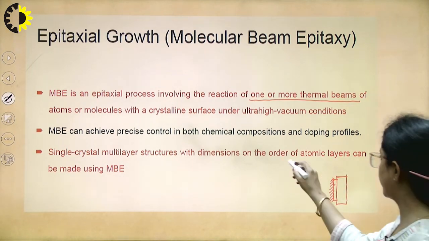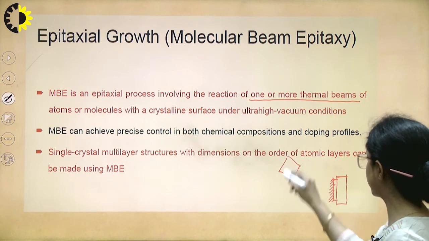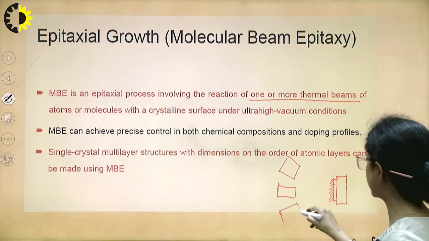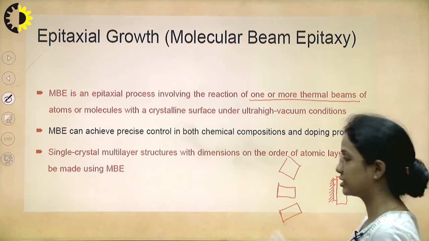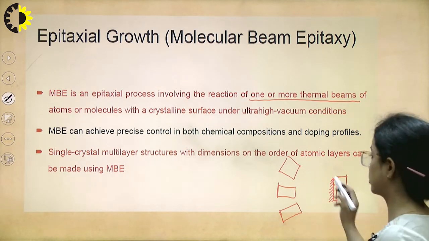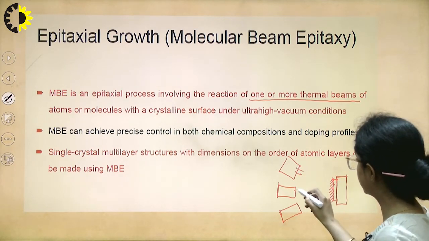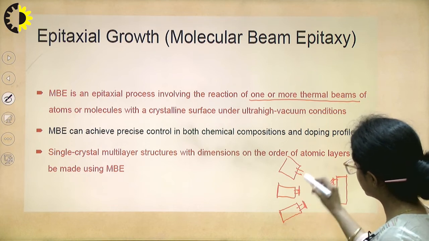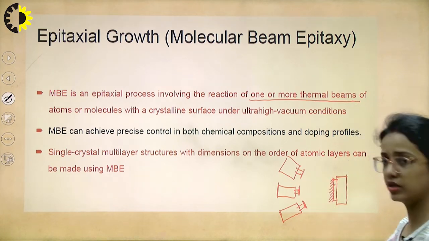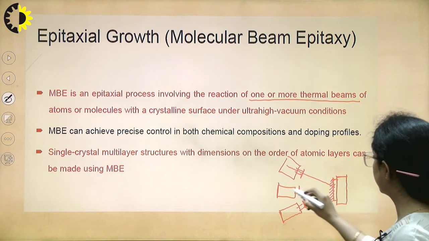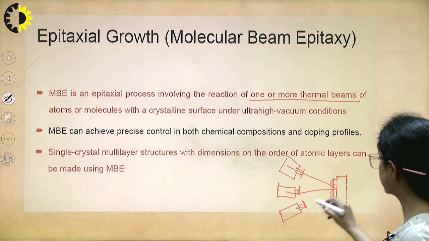So what we are going to do in molecular beam epitaxy, we will place some effusion cells, and we will fill these cells with the materials which we want to grow. There will be an opening here, and of course there will be a shutter here. This shutter will periodically open, and then a beam of atoms will come and enter the wafer.